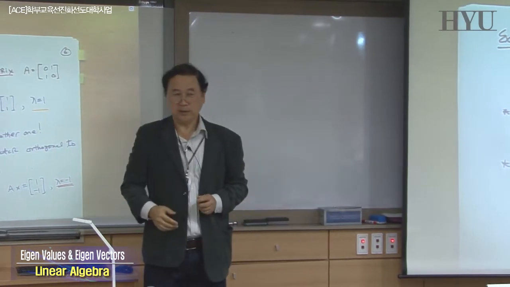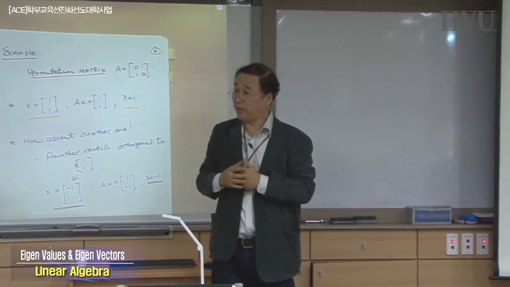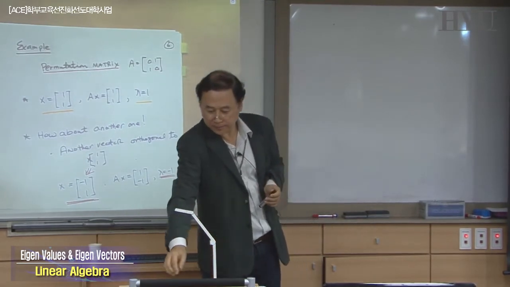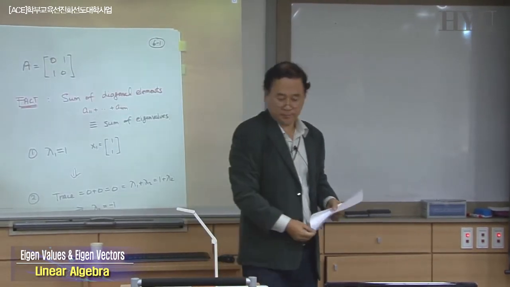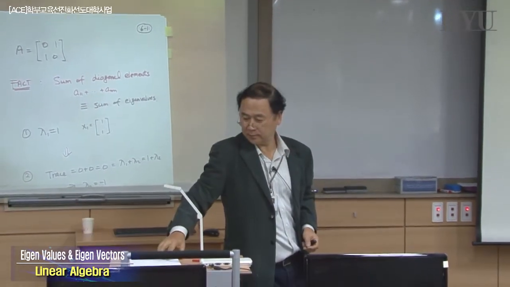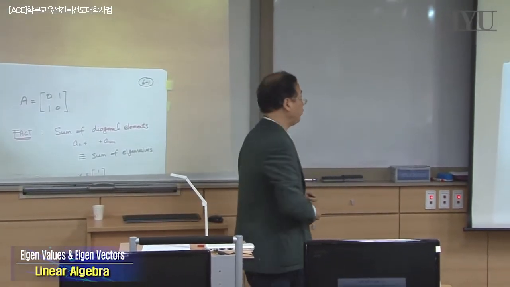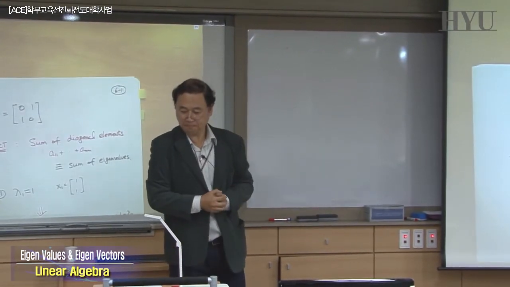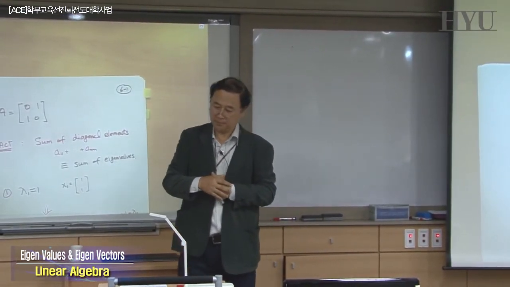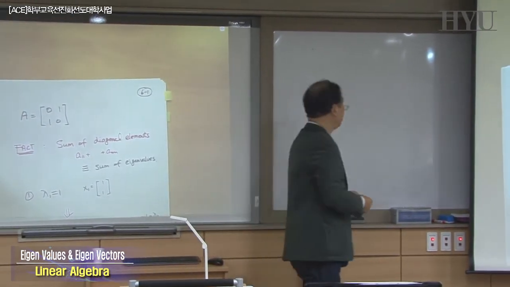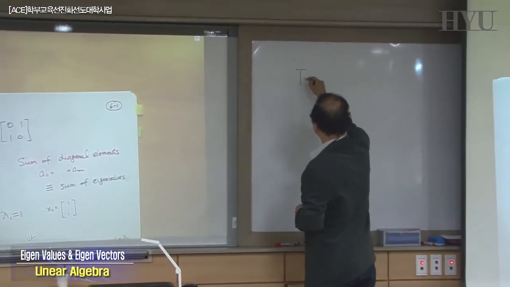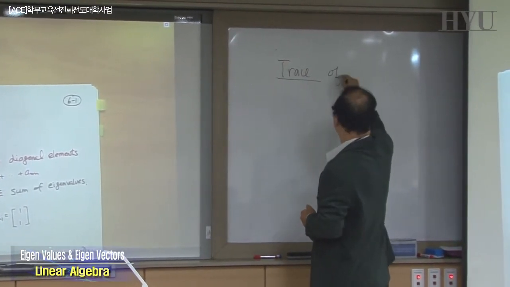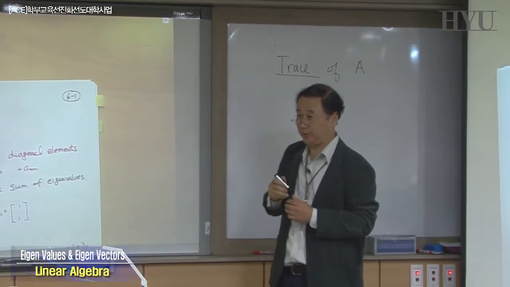Then for a simple small size of matrix, we have some properties. Let's say this is a 2 by 2 matrix. Okay? We're into the concept of trace. Trace of A. A is a square matrix, right?